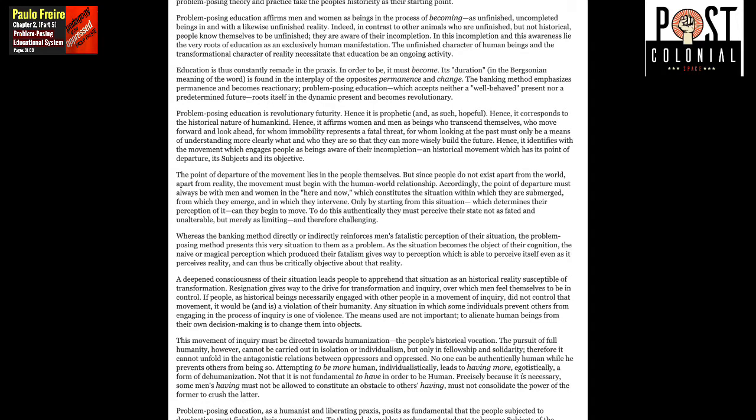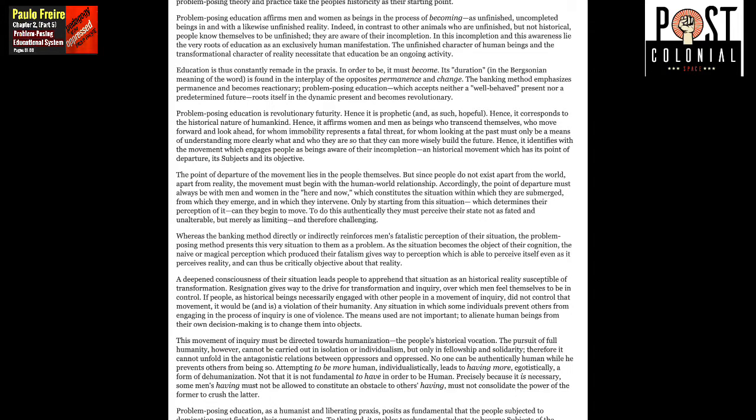In this incompletion and this awareness lie the very roots of education as an exclusively human manifestation. The unfinished character of human beings and the transformational character of reality necessitate that education be an ongoing activity. Education is thus constantly remade in the praxis. In order to be, it must become.